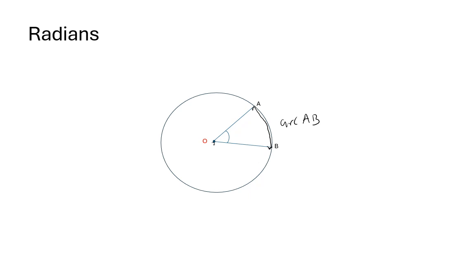And the line from the center to either B or A, we call it R. R is the same from the center to any point on the circumference, that is this line around the circle. So any point on this, that's what we call the radius R.